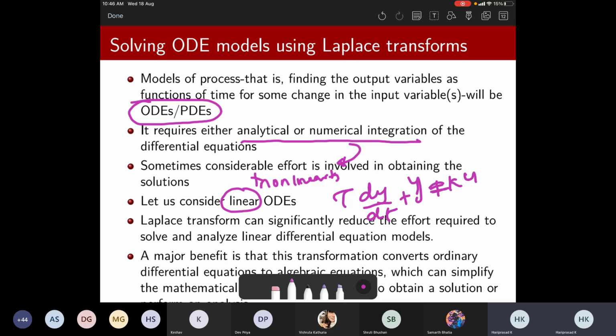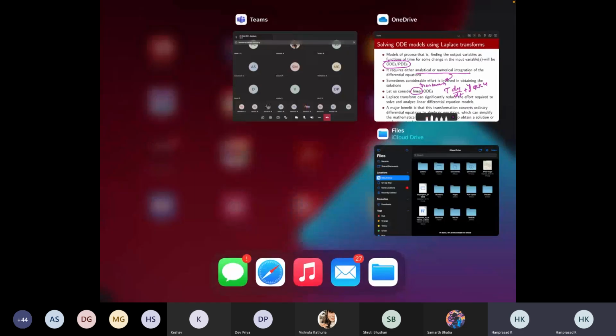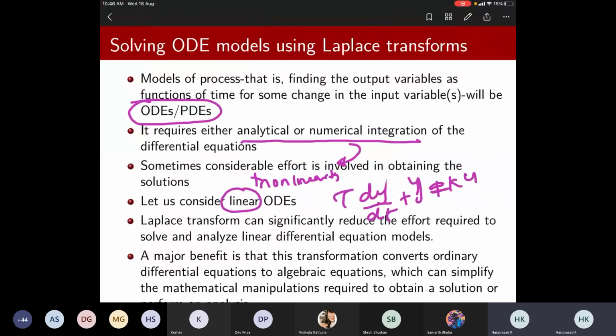Or I think it's like this: tau into dy by dt is equal to minus y plus kp times u. Let's clearly check what we have seen.